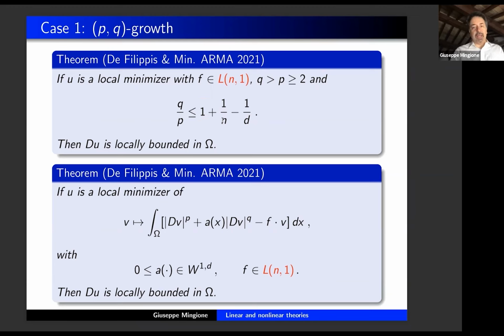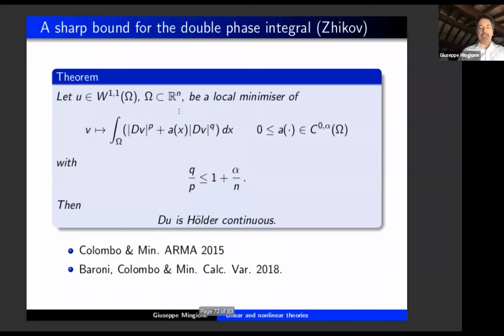And if coefficients are not regular enough, that's the same story. This bound is optimal as considered in this case. This is a theorem that I obtained with Maria Colombo and Paolo Baroni. And this is a sharp theorem. It's a functional considered by Zhikov in the setting of homogenization of a strongly anisotropic material, and it tells you that the gradient is Hölder continuous if and only if this bound is satisfied.